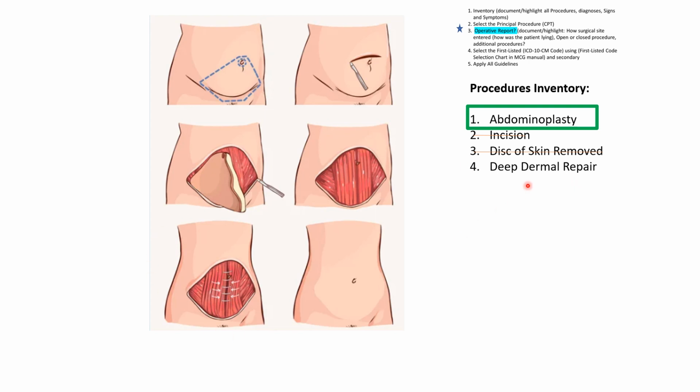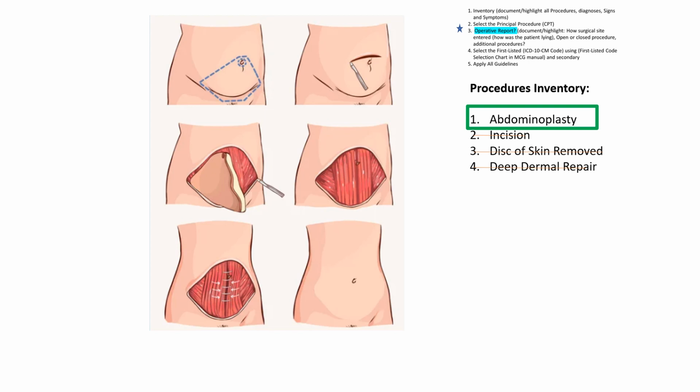So definitely, if the abdominal muscles were repaired, the deep dermal definitely falls in that category. So I would say that the only codable procedure is abdominoplasty because the others are integral.